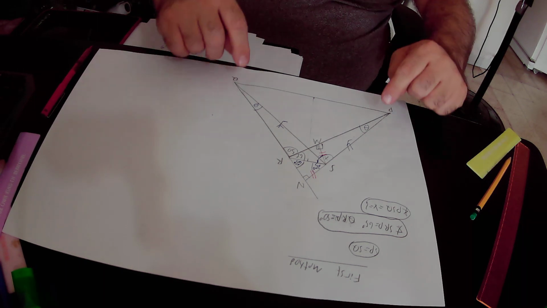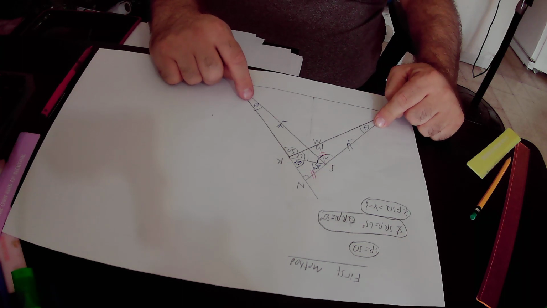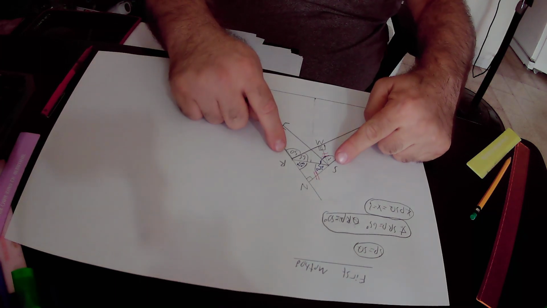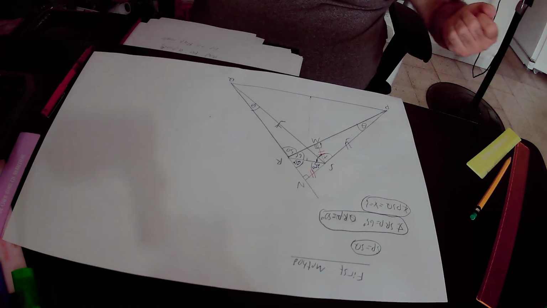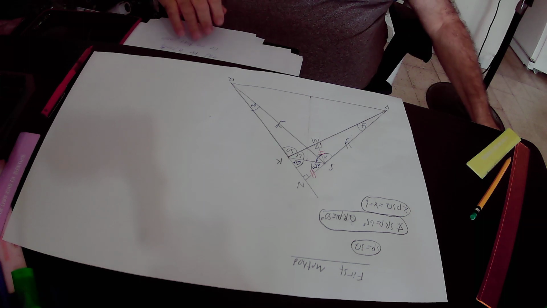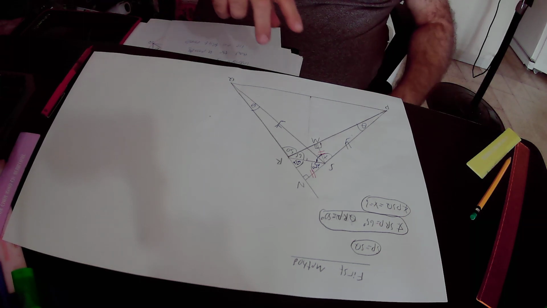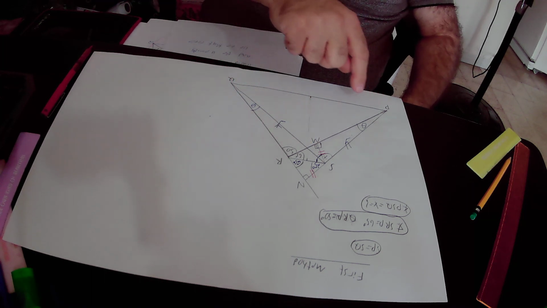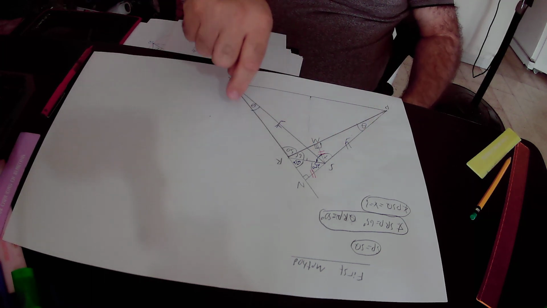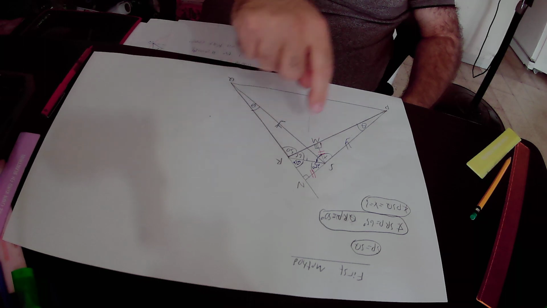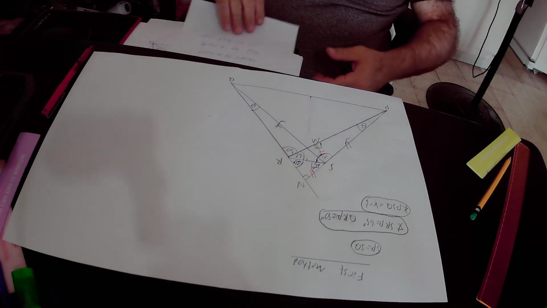So here we have two equal angles, both equal to theta, and they both lie on the same line segment SR. Therefore, according to rule number one, the quadrilateral SRPQ is inscribed by a circle, and the 4 points S, R, P, and Q lie on that circle.